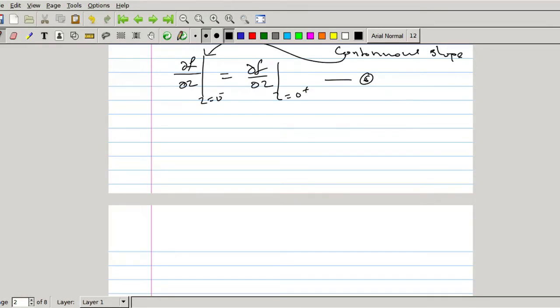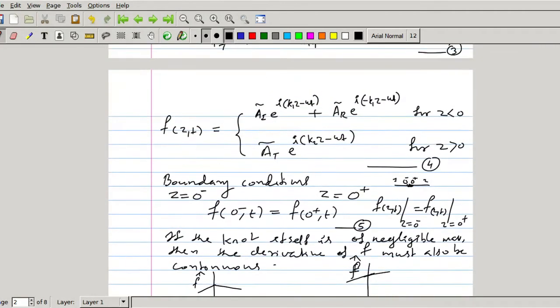Now we apply the boundary conditions for our classical wave, the incident wave and reflected wave, all of which we know. On the left hand side, z less than 0, this is the wave, and for z greater than 0, this one is the wave.